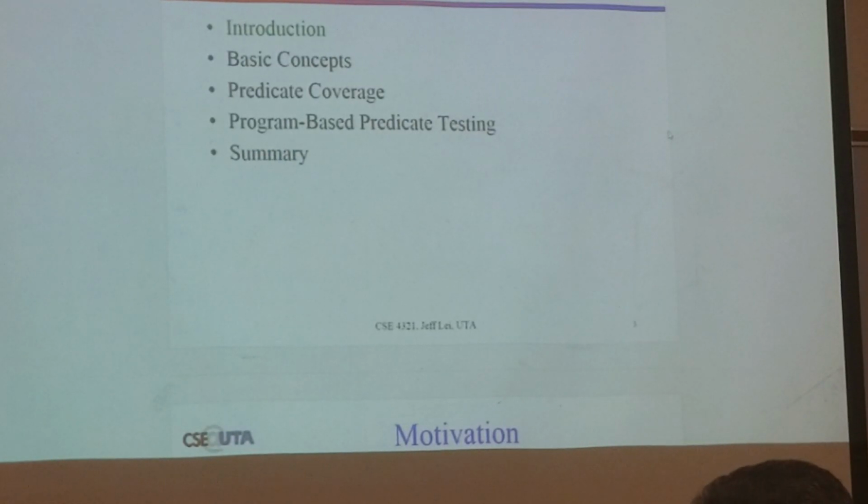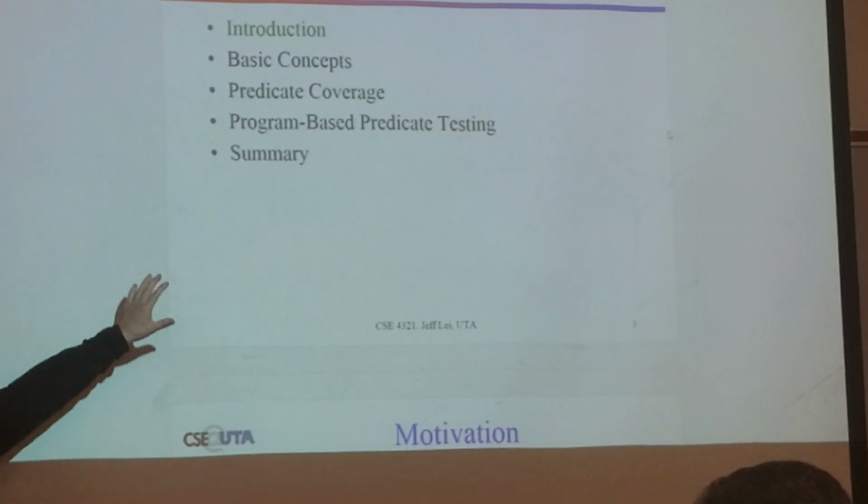Okay, and it's very important for you to make sure you make those decisions right. That is the motivation behind predicate testing. And we will say predicate testing is actually very important, especially for safety critical systems.